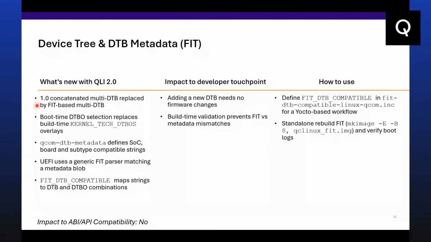That means we would build the DTBs and concatenate them. That's what was loaded. But now we have replaced that with a flattened image tree based structure, and all the DTBs that are built for a machine and even the DTB overlays are part of this FIT file, thus aligning with a very well-known community standard when it comes to defining as well as managing the device tree.